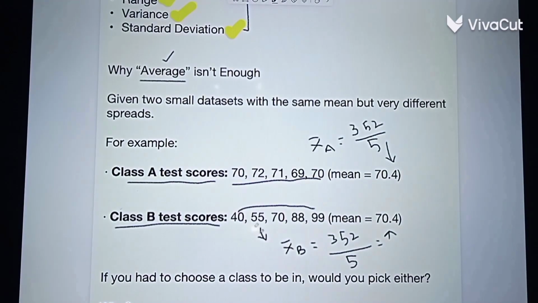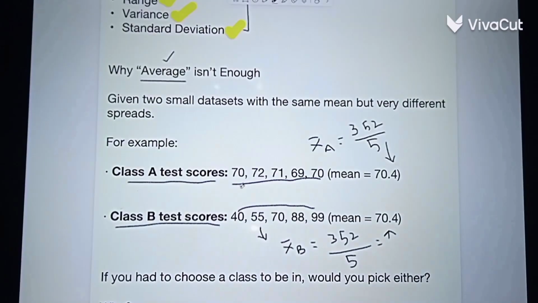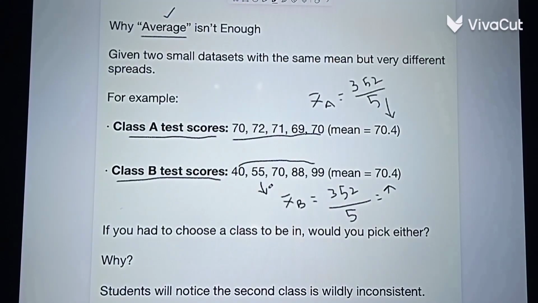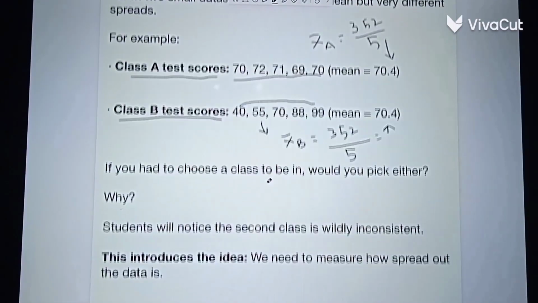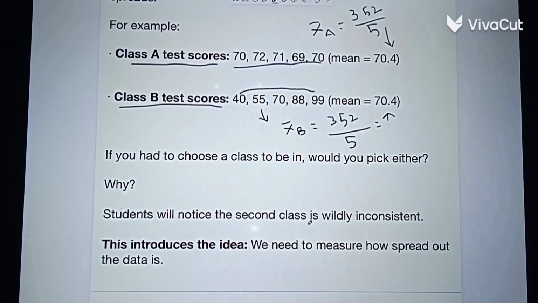But when you are asked which class you would like to sit in, you will definitely select class A, because the variability among the scores in class B is too high. So students will notice here that class B is widely inconsistent.